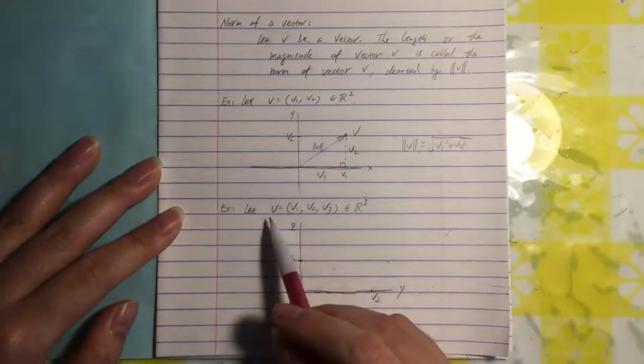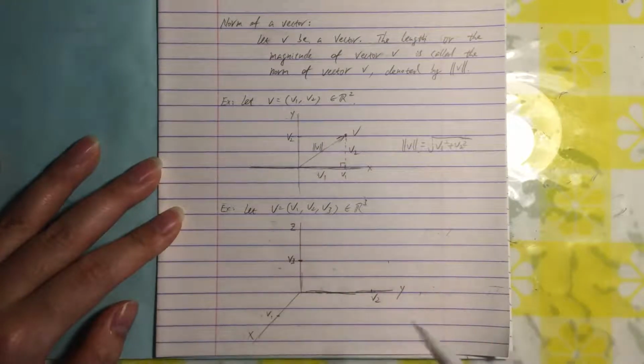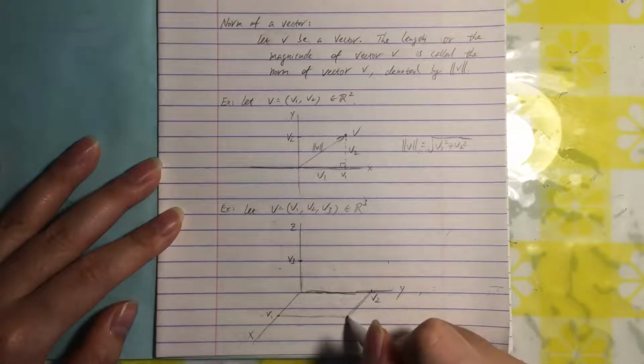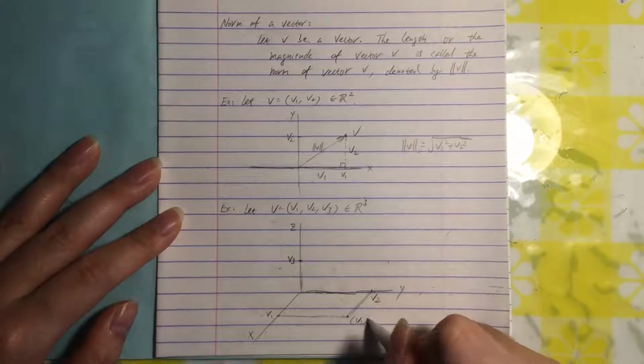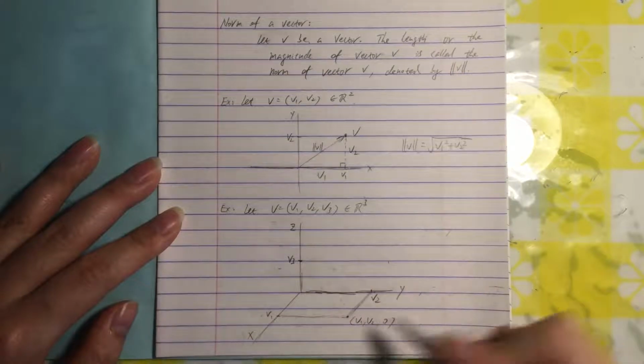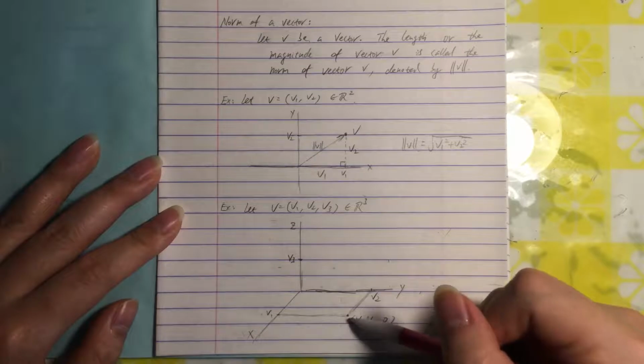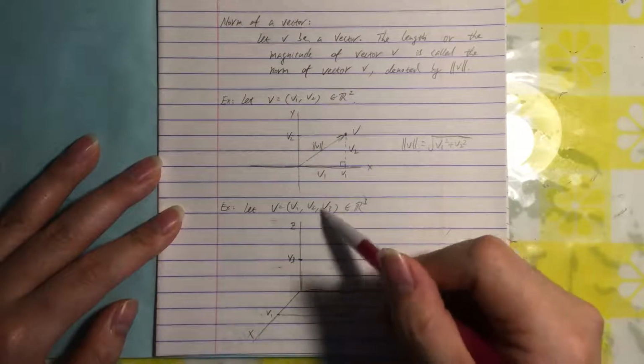Next, let's draw the point. First of all, let's find V1, V2 in the XY plane first. Point V1, V2 in the XY plane is somewhere here. That's the point V1, V2, 0. In the XY plane, the Z coordinate is 0. Next, raise this point by V3.